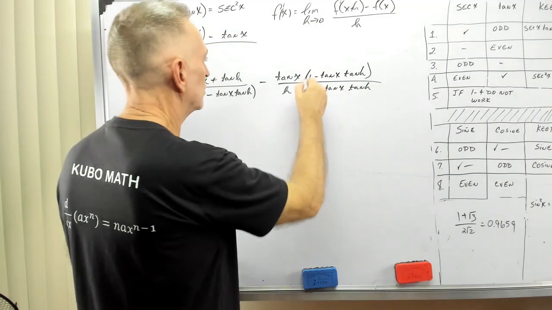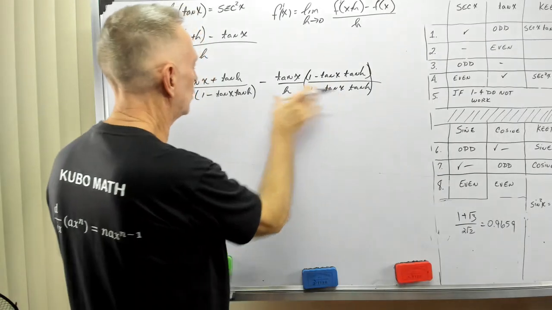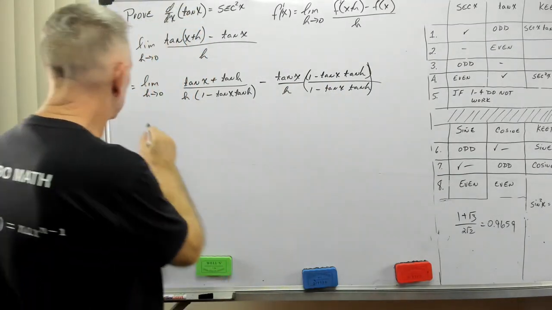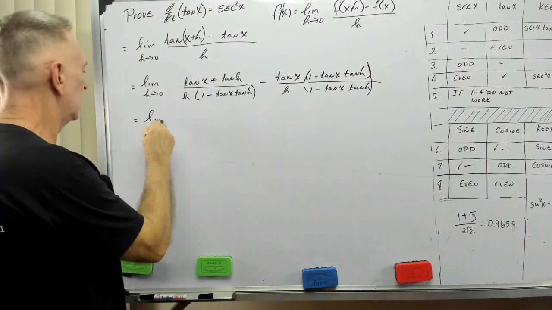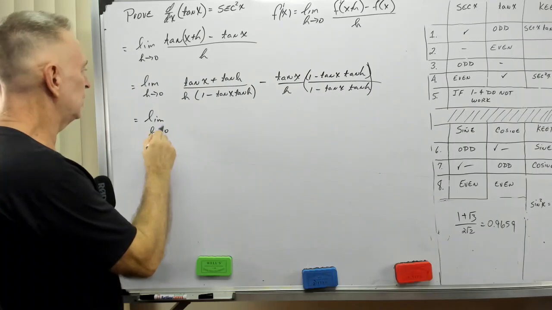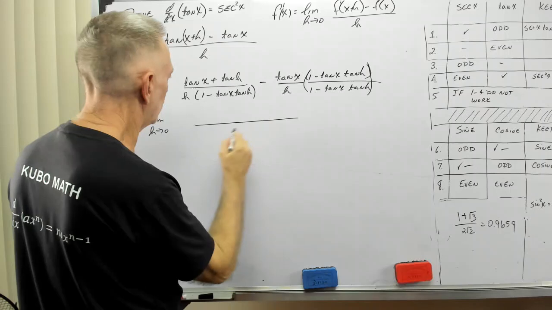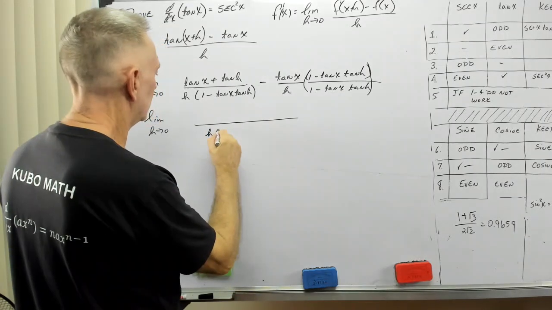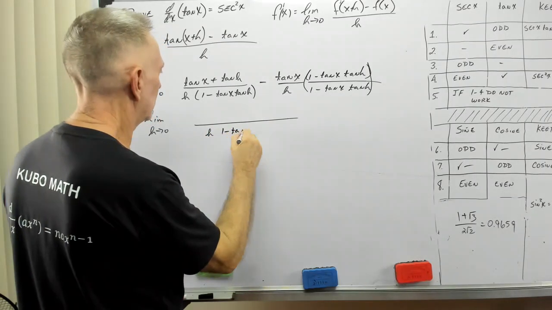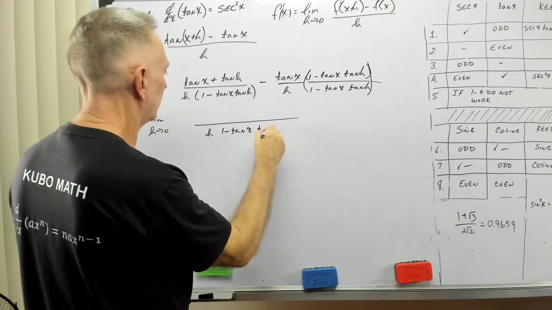So we have the limit as h approaches 0 of, all this is over h, 1 minus tangent x tangent h.